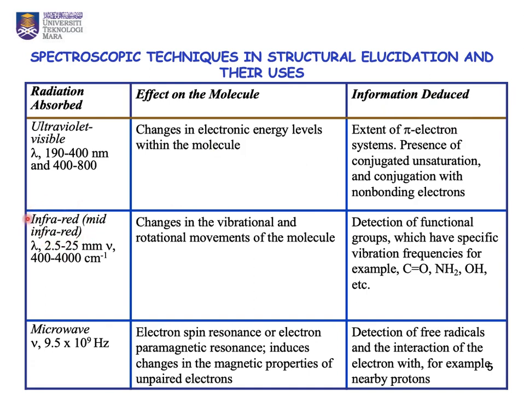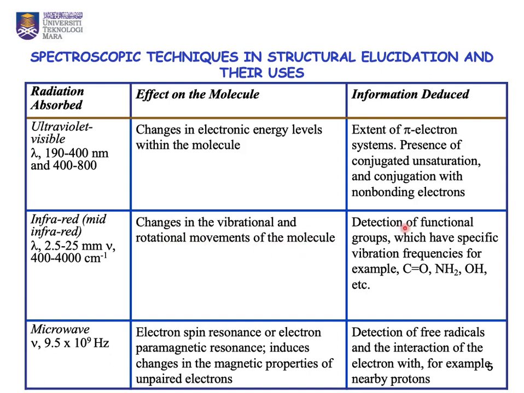Infrared is also one of the radiations which is absorbed by the molecule, and as a result of this absorption, a change in the vibrational and rotational movement of the molecule takes place.